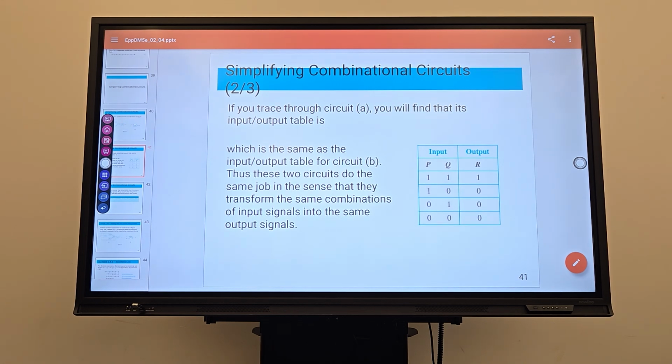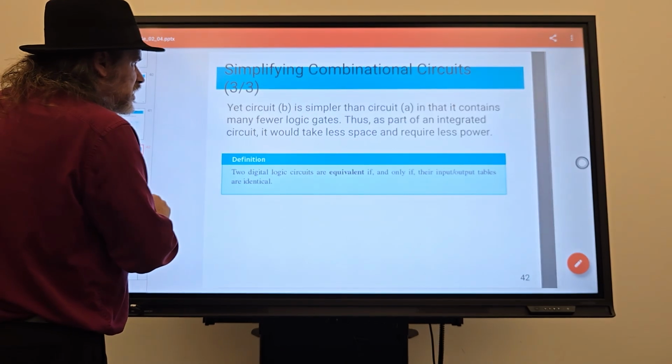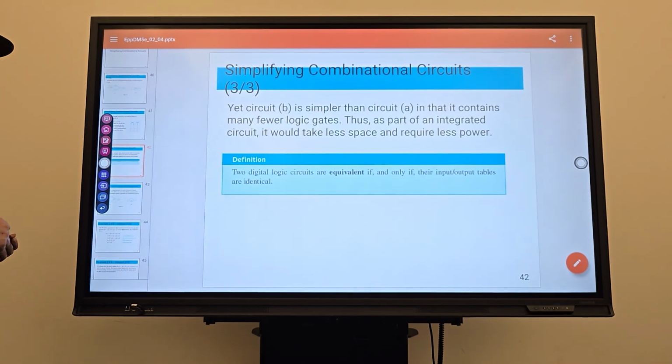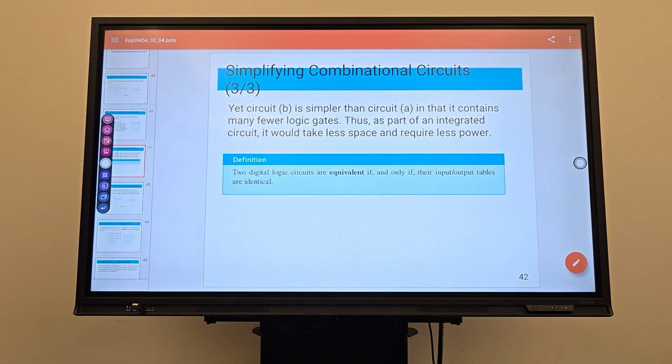Thus, the two circuits have the same functionality. Two digital logic circuits are equivalent if and only if their input-output tables are identical.